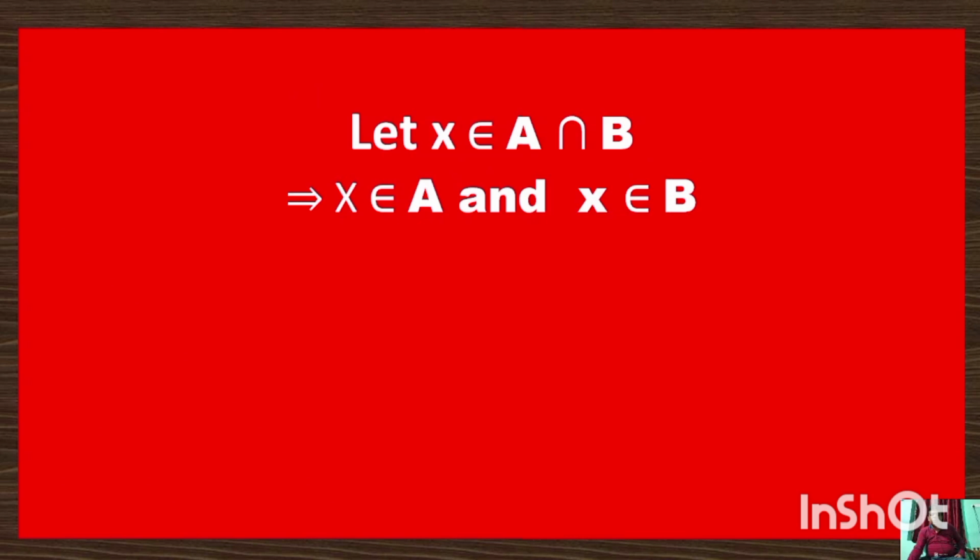Let's see here. Let X belong to A intersection B. If X belongs to A intersection B, then what happens? X belongs to A and X belongs to B, right?